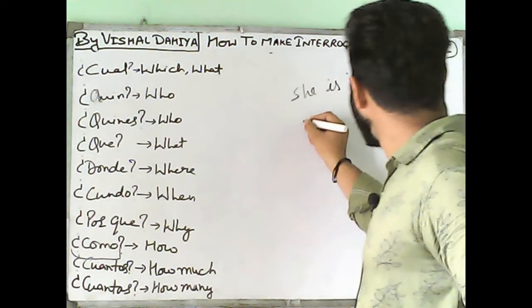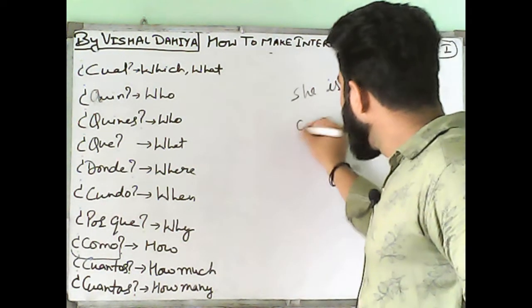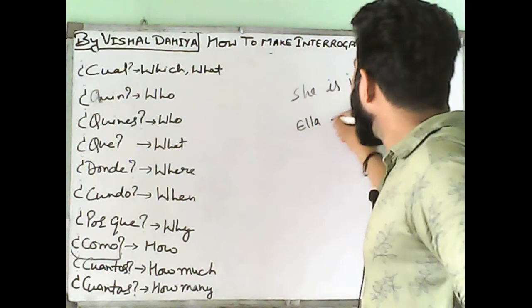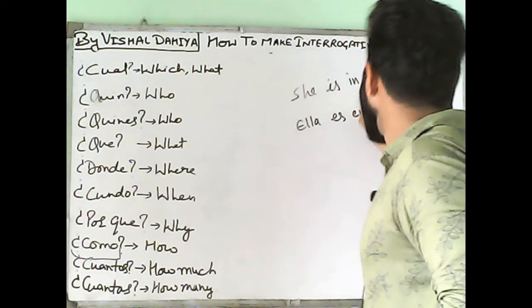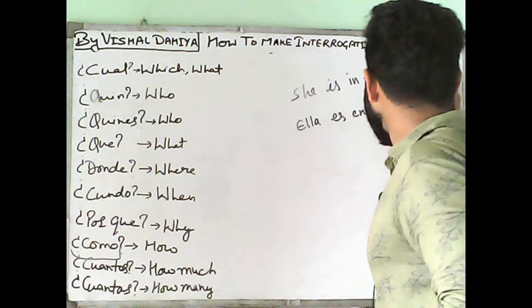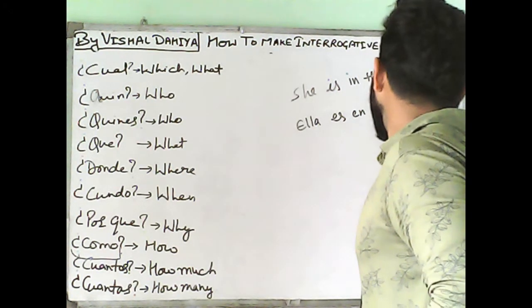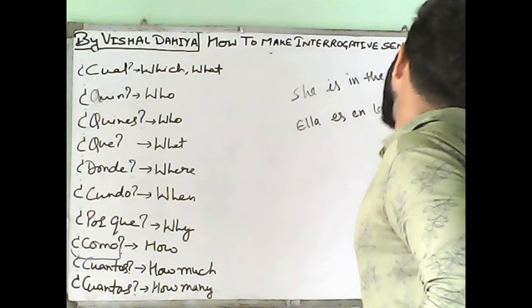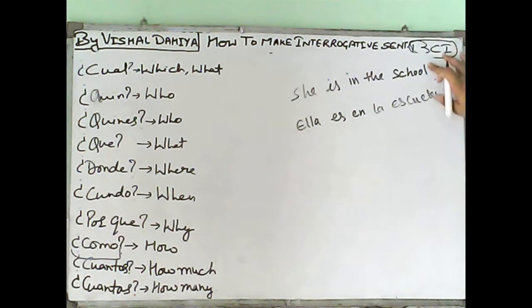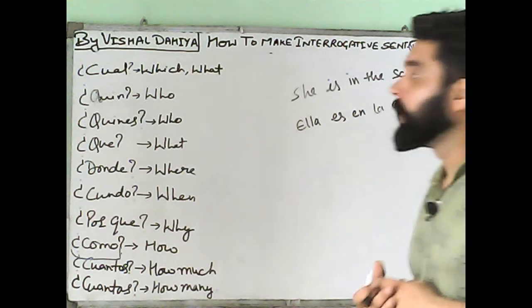So how will I formulate this sentence in Spanish? Ella es en la escuela. See, I am just removing this. So it is a simple sentence right now. Ella es en la escuela, right?